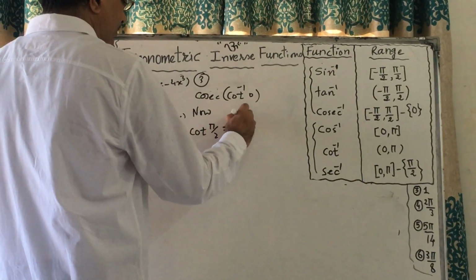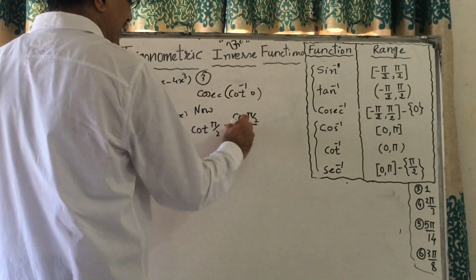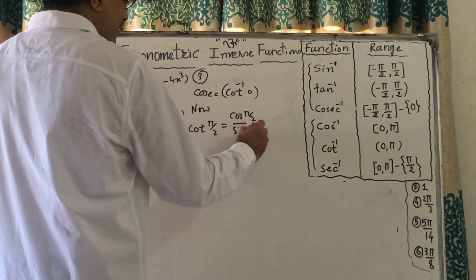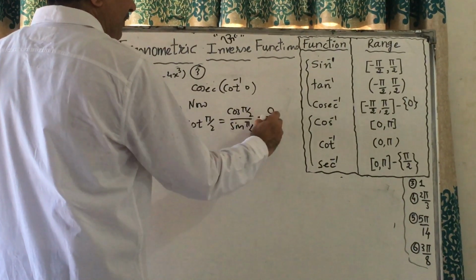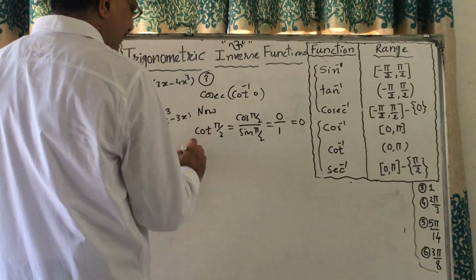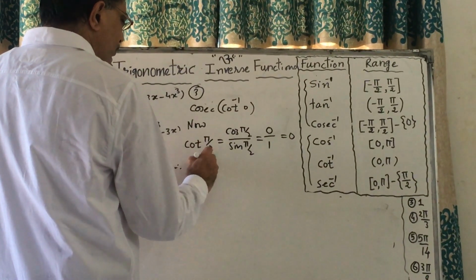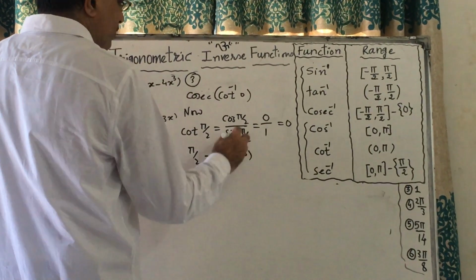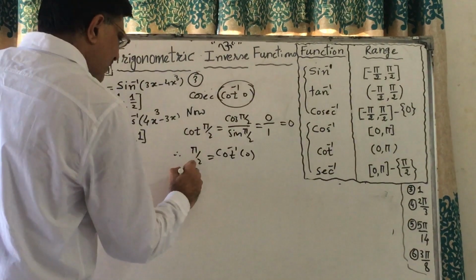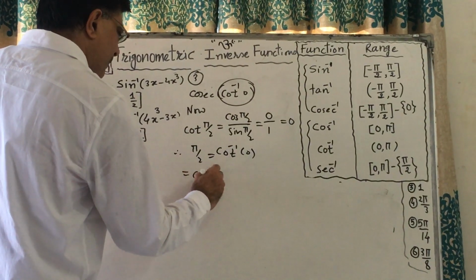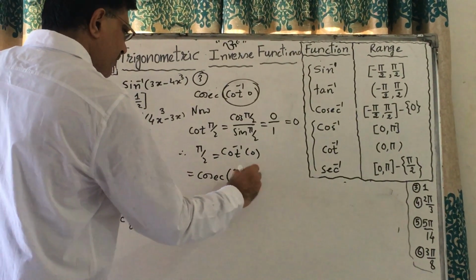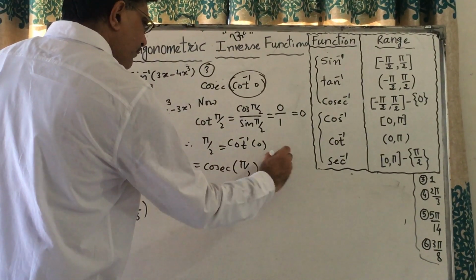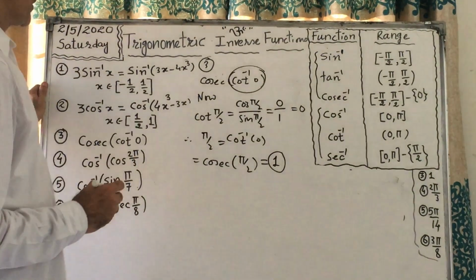Cot pi by 2 equals cos pi by 2 upon sin pi by 2. But cos pi by 2 is 0, sin pi by 2 is 1, so it equals 0. That means pi by 2 equals cot inverse of 0. So putting here pi by 2, it equals cosec of pi by 2. But we know that cosec pi by 2 equals 1. So the answer is 1.